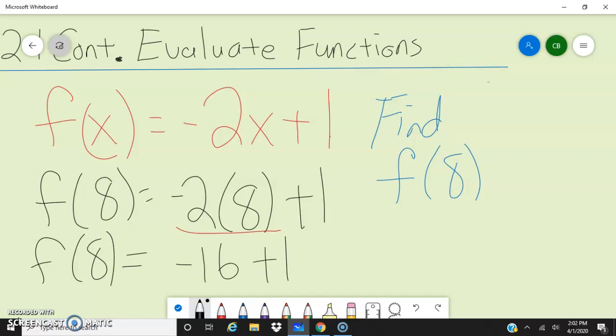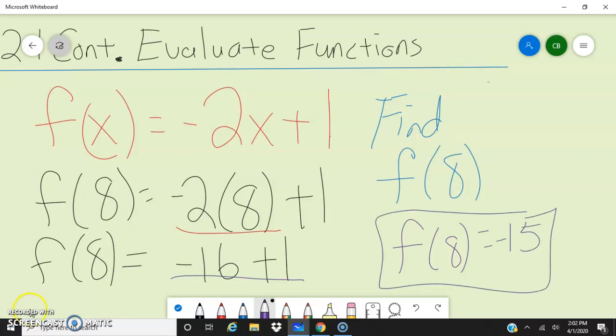Then I simplify, so f of 8 is equal to negative 16 plus 1, which is negative 15.